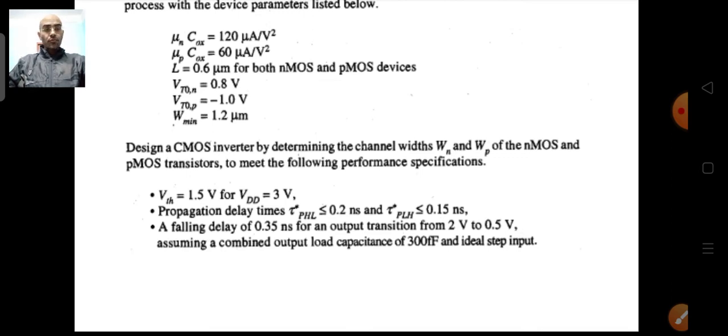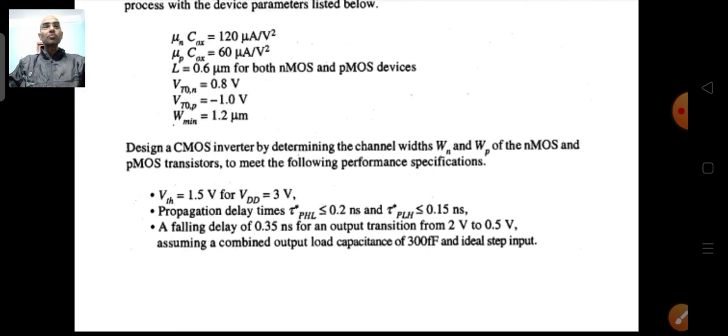So in such problems where you have multiple constraints, the procedure we use is simple. It's not difficult. We design the problem for individual conditions first. Then, once we have found the W by L ratios for each constraint, out of those we choose the worst case scenario, so that if we choose a particular value, then all the constraints are met rather than just a single constraint.